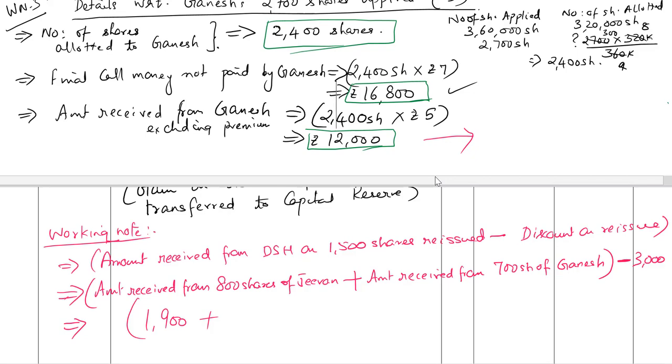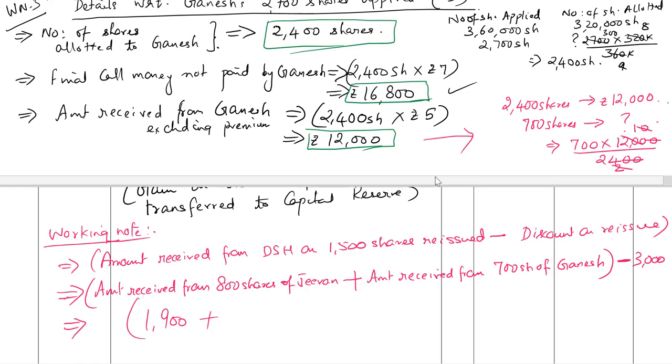The amount received from Ganesh's 2,400 shares is rupees 12,000. So the amount from 700 shares is equal to 700 multiplied by 12,000 divided by 2,400, which comes up to rupees 3,500.